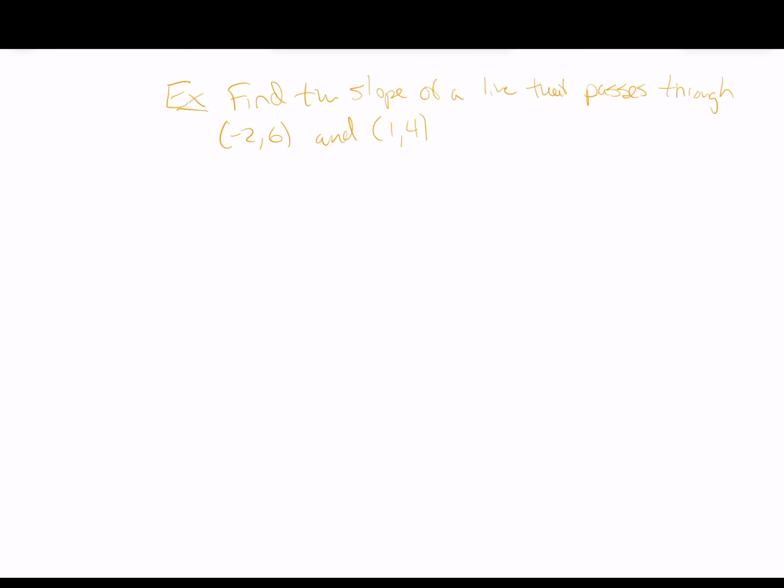Let's consider the following example. Our instructions are to find the slope of a line that passes through the points -2, 6 and 1, 4. Well, we know that the slope is equal to y2 minus y1 over x2 minus x1. It makes no difference which order we choose the points.